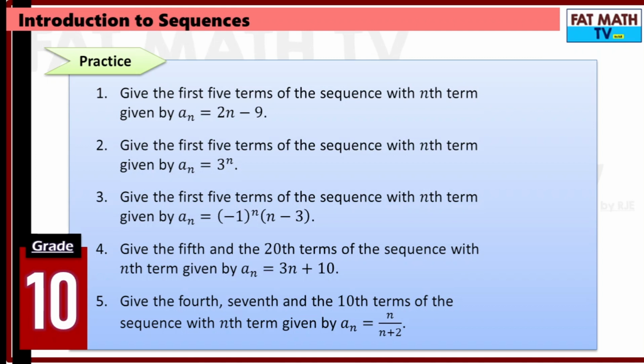For number 4, give the 5th and the 20th terms, just n equals 5 and n equals 20. Replace it with 3n plus 10. For number 5, give the 4th, 7th, and 10th. So you have 3 terms there, number 5. So n equals 4, n equals 7, and n equals 10.